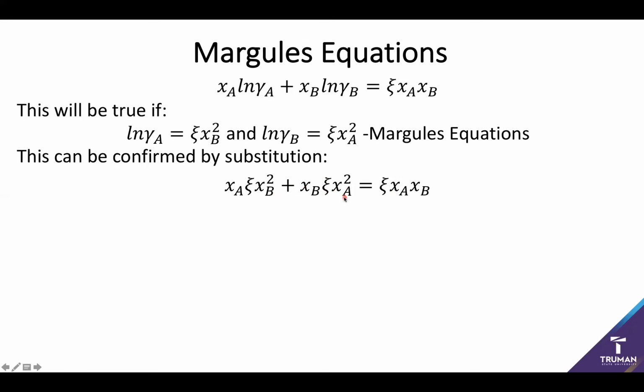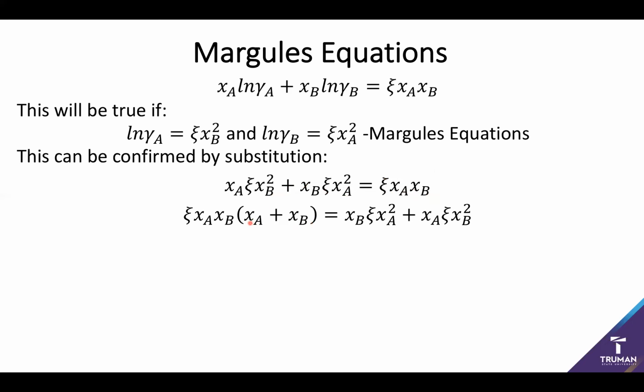So what I can actually do is take this expression on the right, and multiply it by 1. Most notably, the form of 1 we're going to make use of here is the mole fraction of A plus B, which for a two-component system should always yield a value of 1.